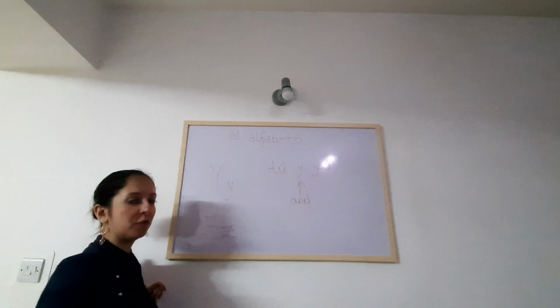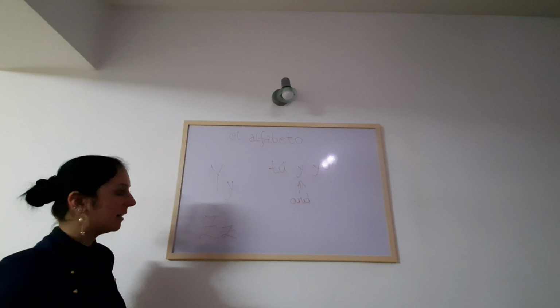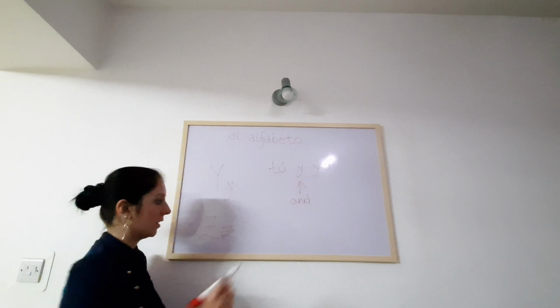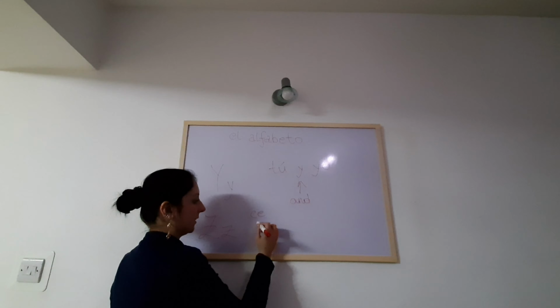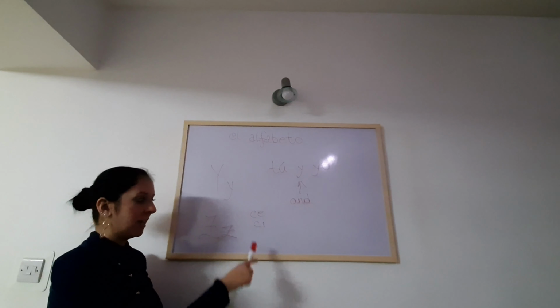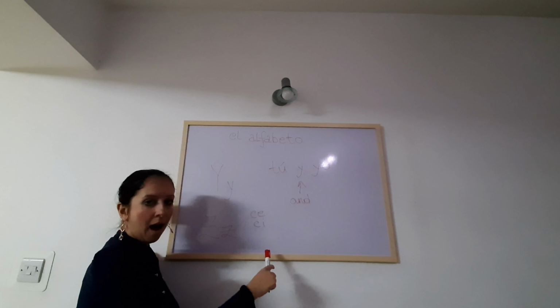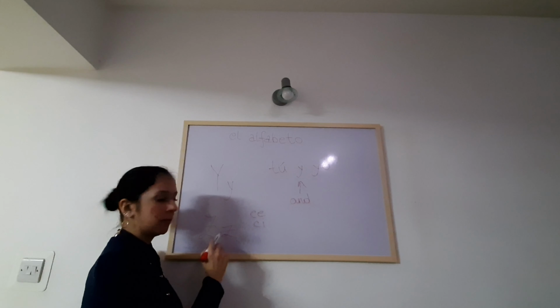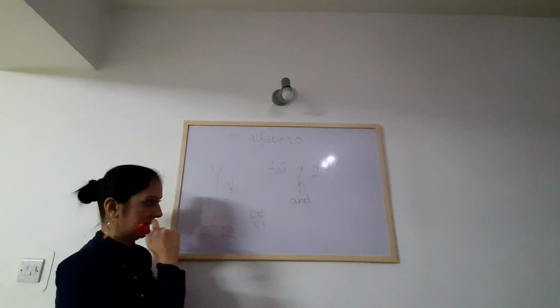And then zeta, the last letter of the alphabet, it has the same pronunciation as the C and the S. Only when you need something to be sa, so, su, you will use the Z instead.